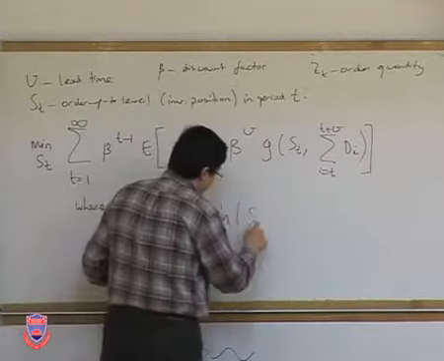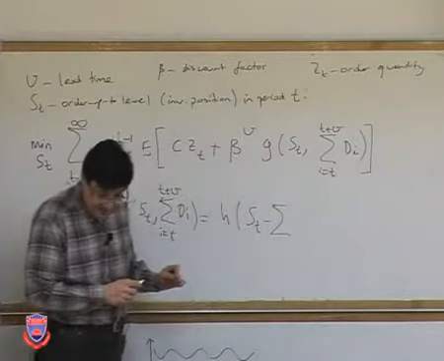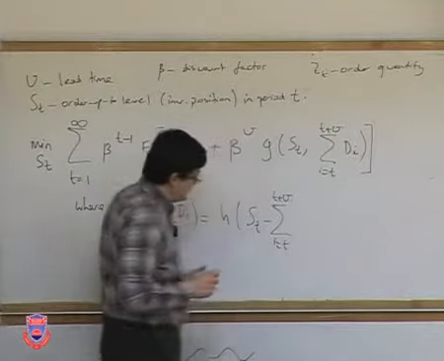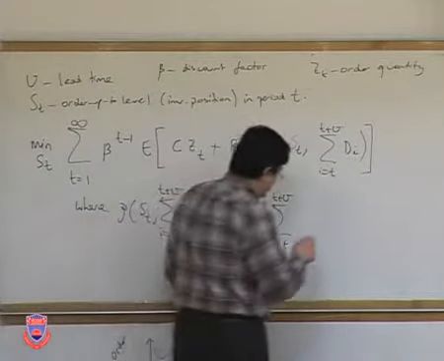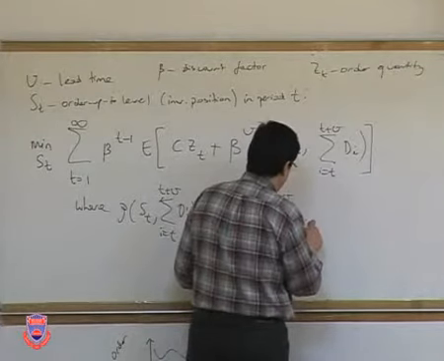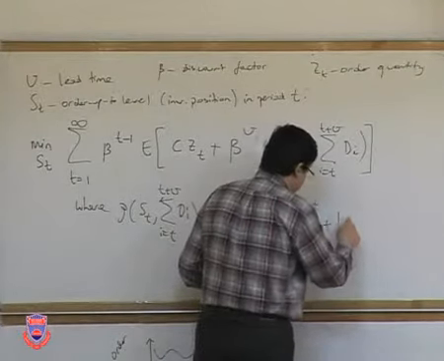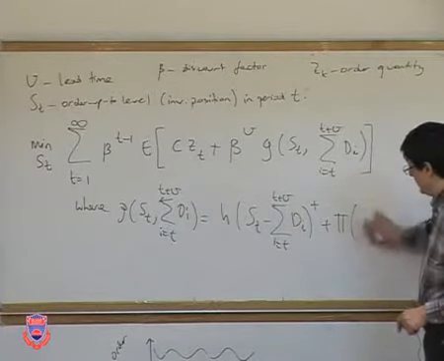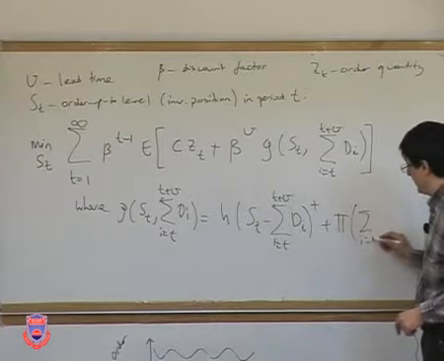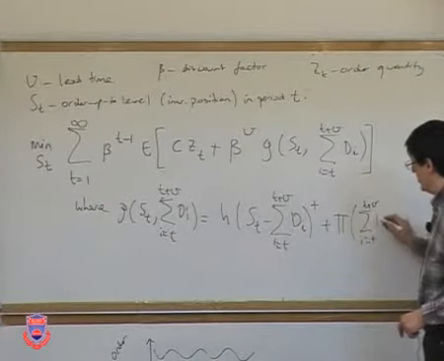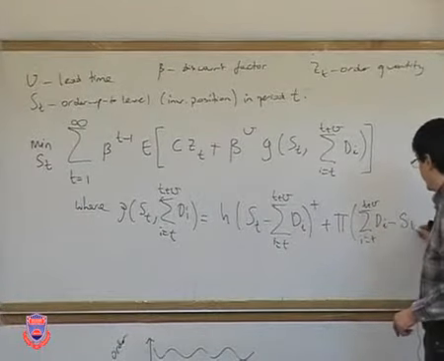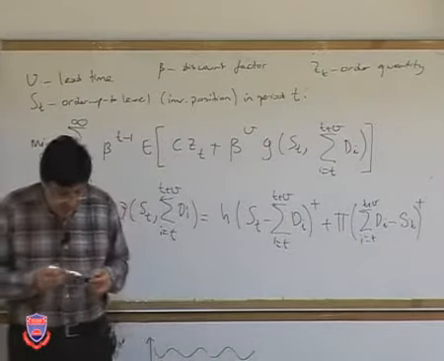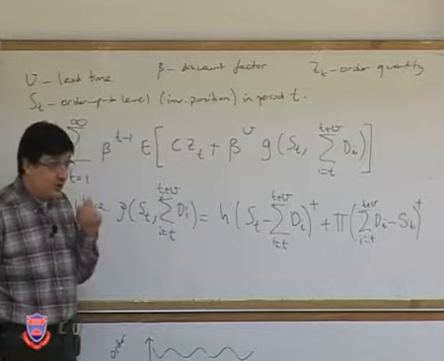h times st minus summation I from t to t plus nu of di, plus I'm going to have a pi, which is the backorder cost, this time summation I from t to t plus nu di minus st. So this is the one period holding and backorder costs.